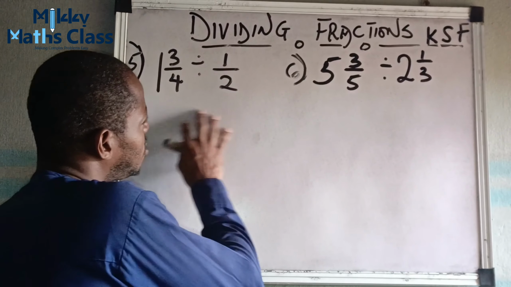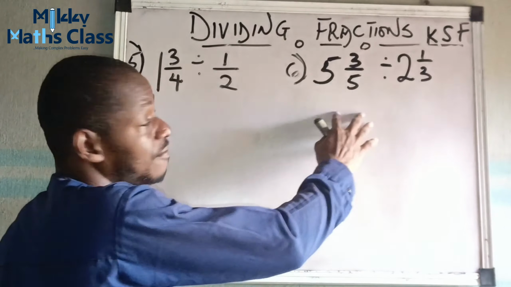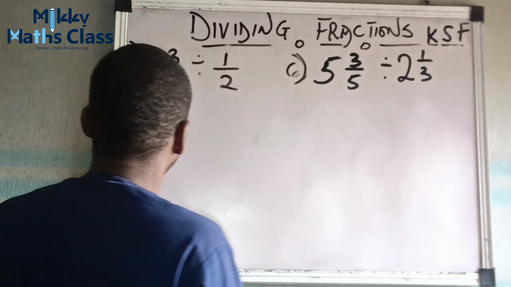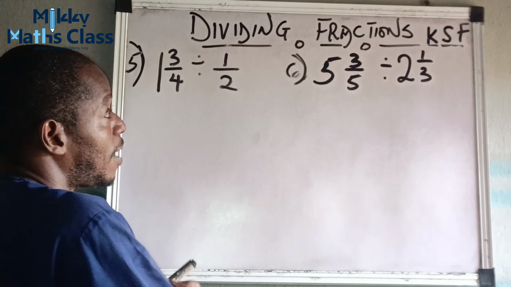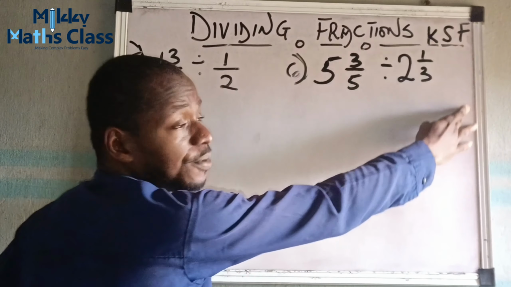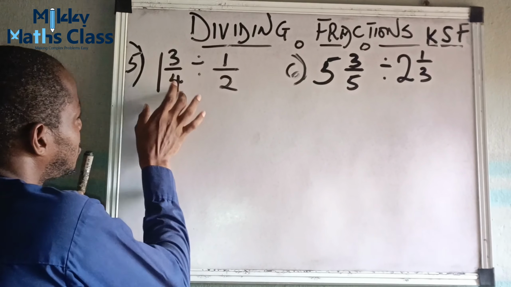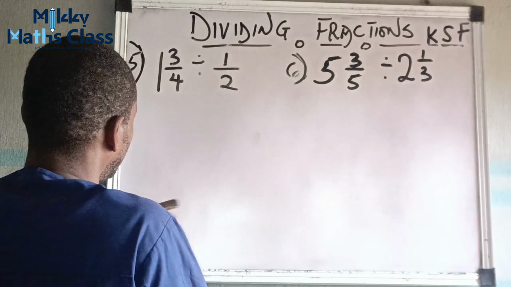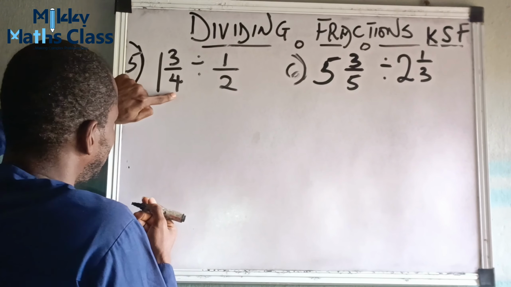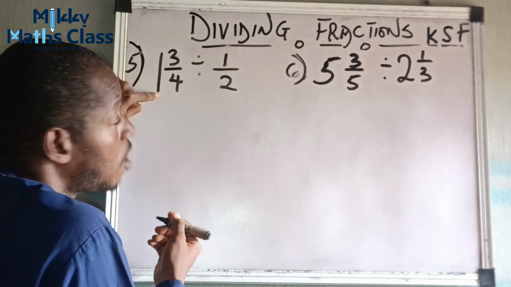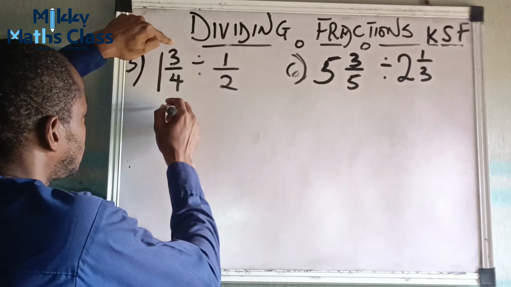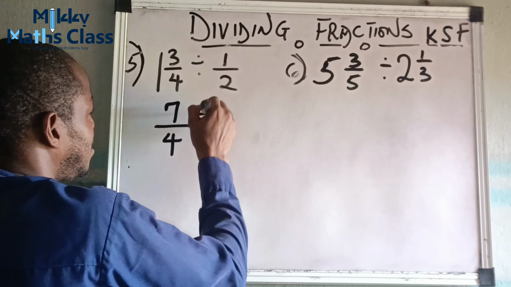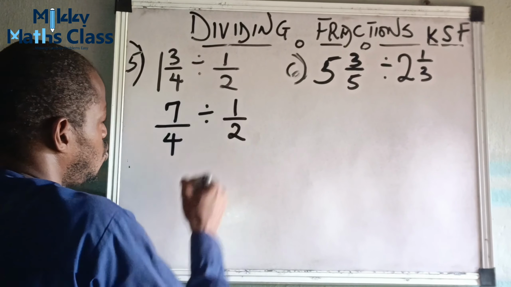All right, let's take the last example. This is a combination of mixed numbers and a fraction, and you're having two mixed numbers. The first thing we do before we apply keep, switch, and flip is convert this mixed number to an improper fraction. How do we do that? We multiply 4 times 1, 4. We add the numerator, that's 7. So 7/4 divided by 1/2.